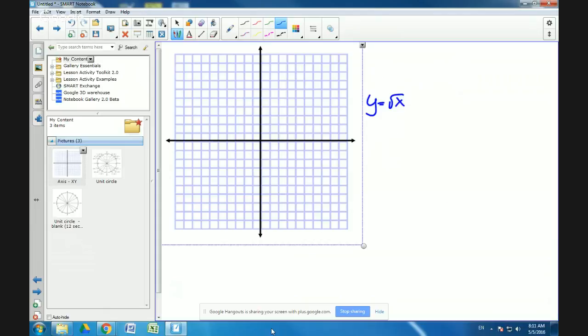I'll use the square root of x again. Square root of 4 is 2, square root of 1 is 1.